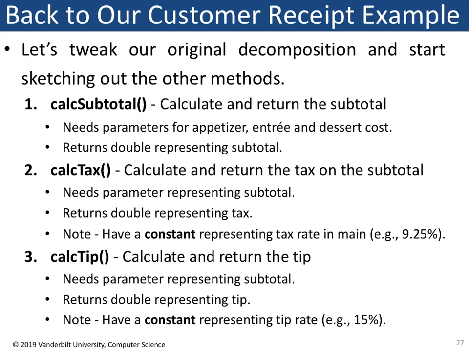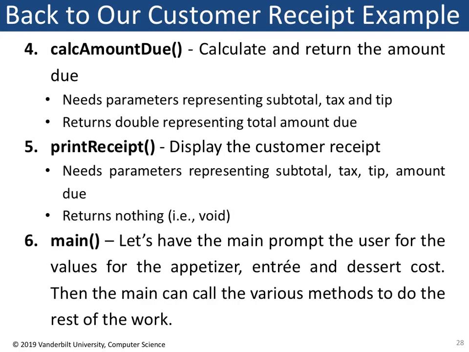Now again, we'll have to have a constant declared in our main to hold the tip rate. Further, we will need a method to calculate the total or the amount due, right? So we will need a parameter for the subtotal, tax, and tip, and it'll return a double, which represents the total due for the bill.